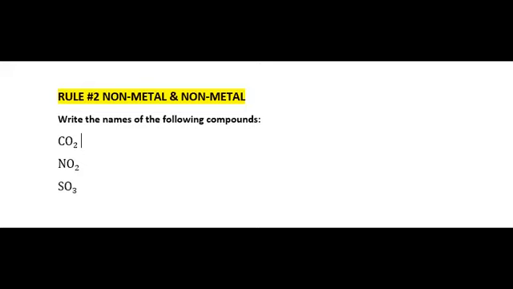Okay, let's go on to rule 2, where we have a non-metal and a non-metal, right? So guys, remember in this case, we had prefixes. Give me the prefix for 1. I'll give you a clue. The prefix for 2 is di. Yes, mono is the prefix for 1. What is the prefix for 3? You guys rode a tricycle, tri, right?